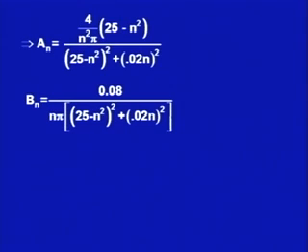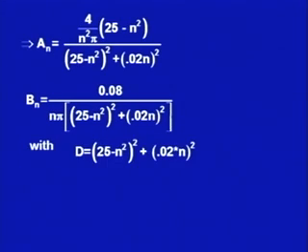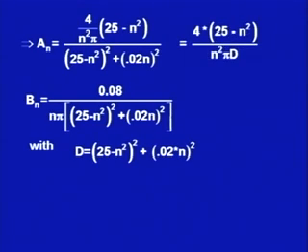Let us substitute it as d. Then we could write a_n as 4 into 25 minus n square upon n square pi d, and b_n as 0.08 upon n pi d.